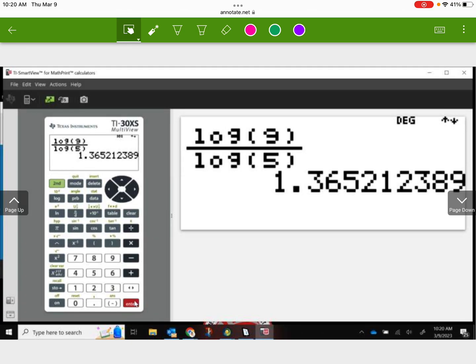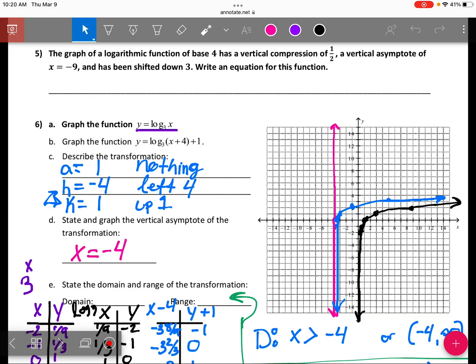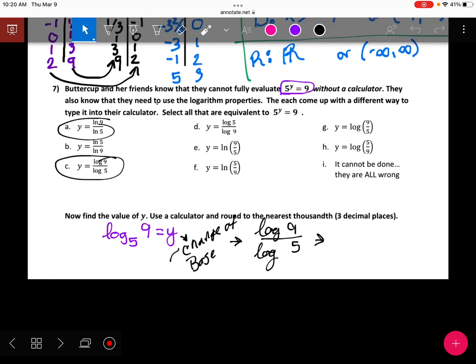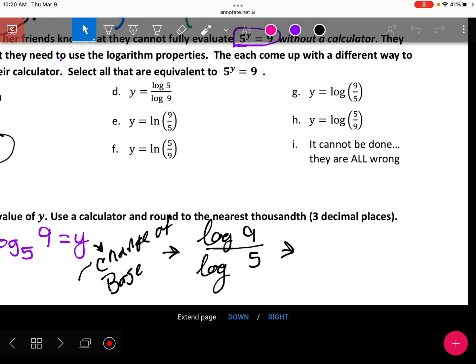And the paper did say thousandths, so that's 3 decimal places. So 1.3652. So 365, this is where we round. The 2 makes this stay. So 1.365.